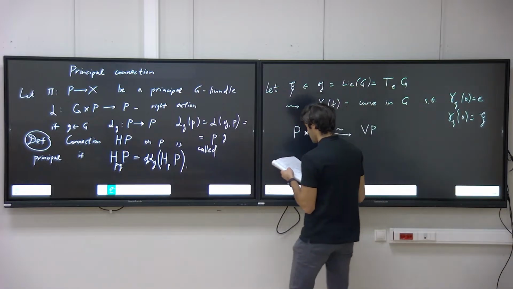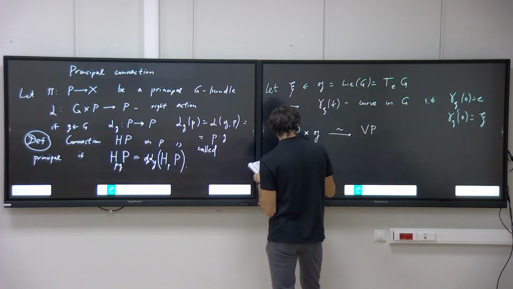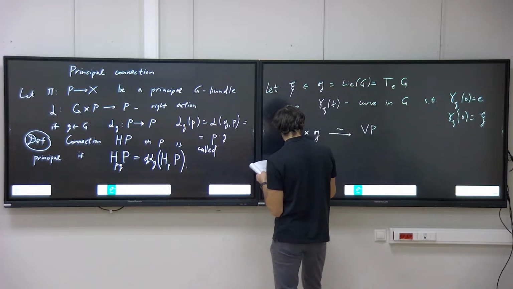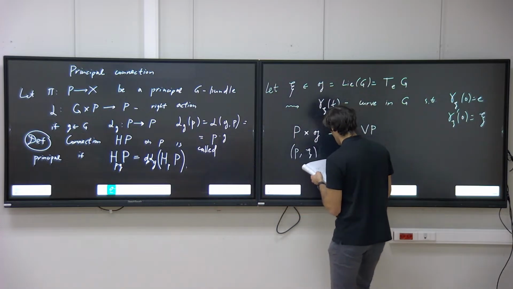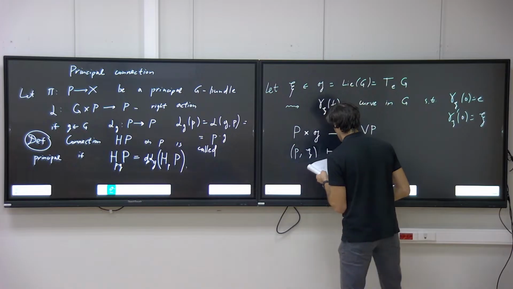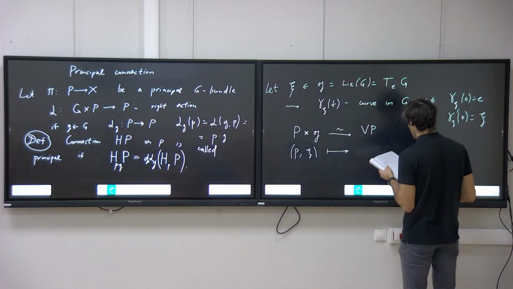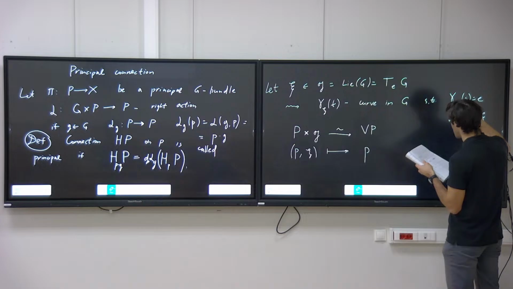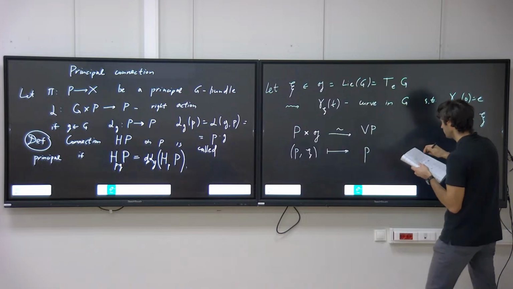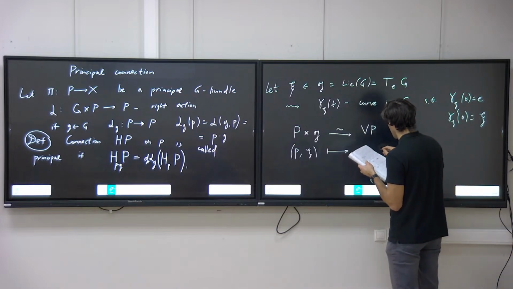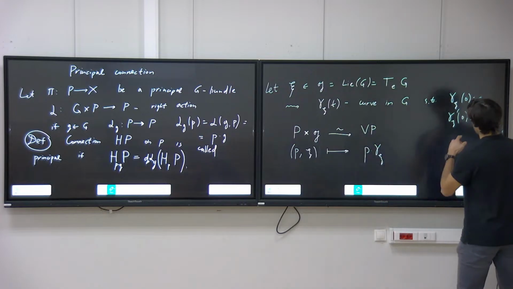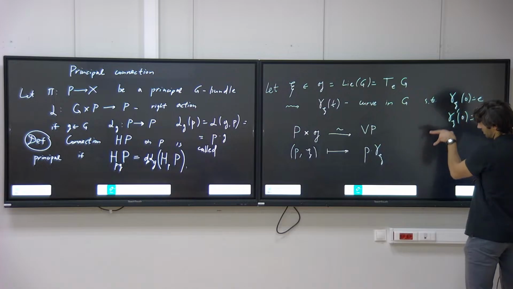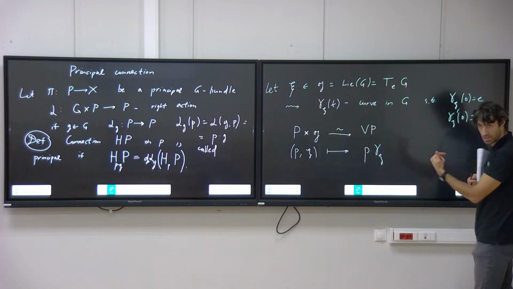And it goes like this. So I just take p, xi, very natural thing if you think about it, and so let me finish writing. So I take p, then gamma xi of t is just an element of G. I act by this element on p from the right.